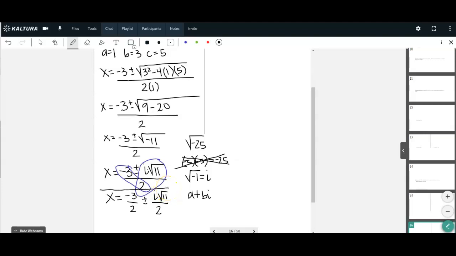That's how you'll leave the answer on this. You cannot change these to decimal approximations because we can't do anything with that i. So just keep it just like this. Okay? Questions there? And how to simplify that up the rest of the way? So that's our answer.